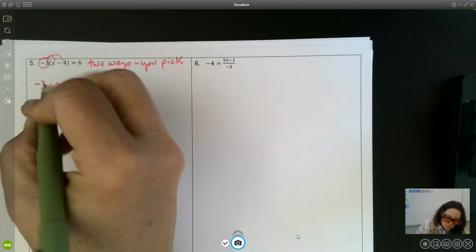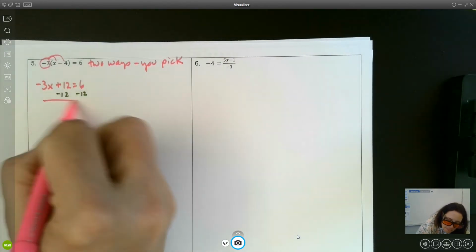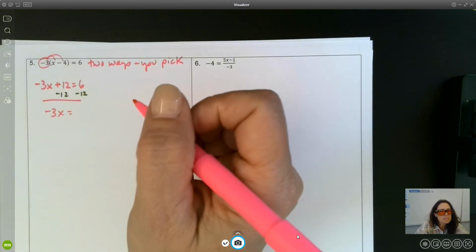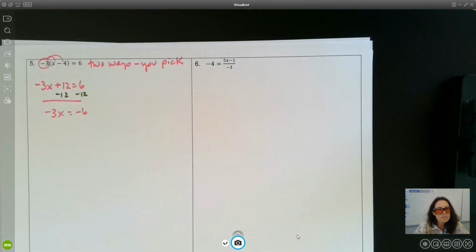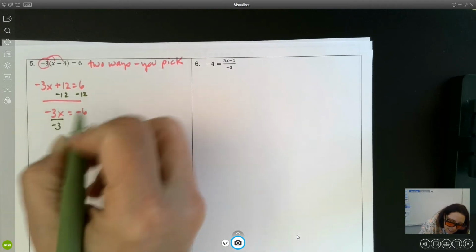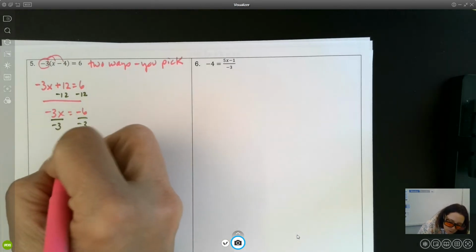Then we're going to subtract 12 from both sides. Negative 3x equals 6 minus 12. Think of that as 6 plus negative 12. That's a negative 6. Then we're going to divide by a negative 3 to make 1x. So 1x equals 2.